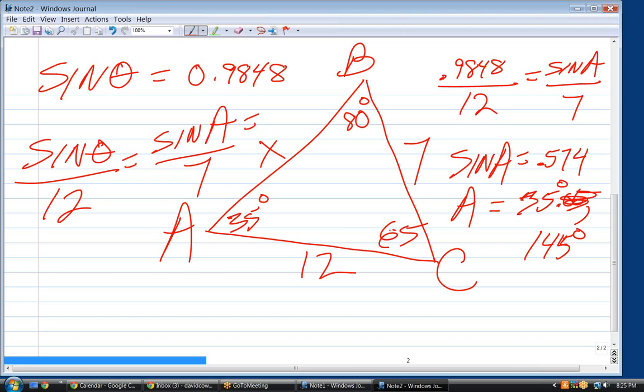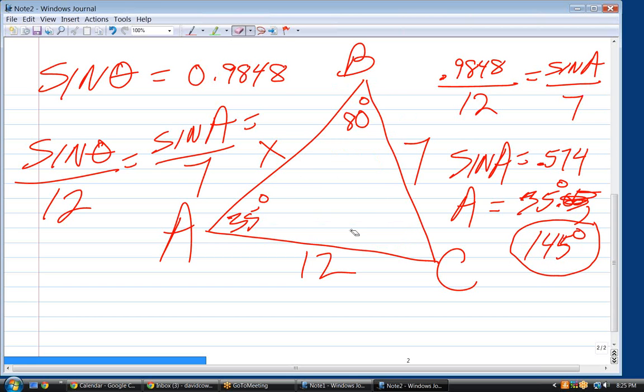And that's how you tell: you add this supplementary angle to the other known angle in the triangle, which is 80, and you can tell that this is not a possible solution.